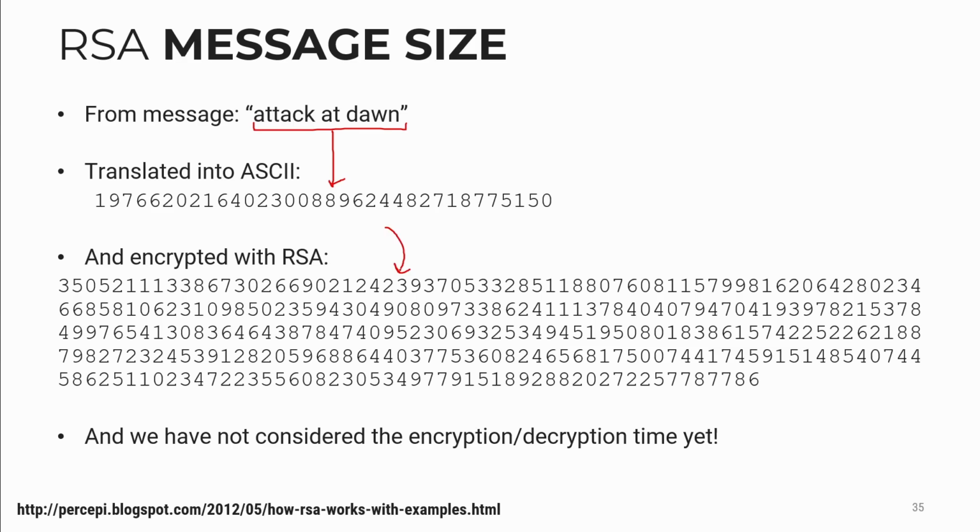As you can see here, it is super large, and it is going to be impractical to use RSA to decrypt and encrypt large data such as video, pictures, or even instant messages, because you need to decrypt and encrypt in real time.